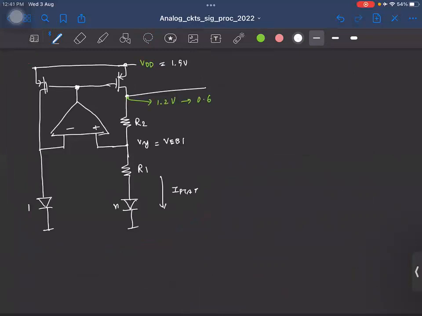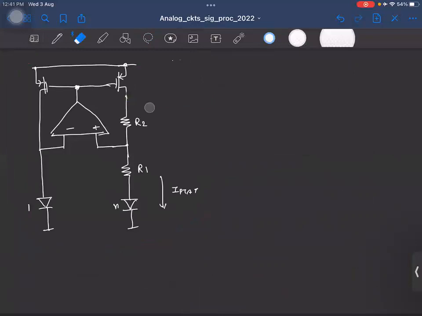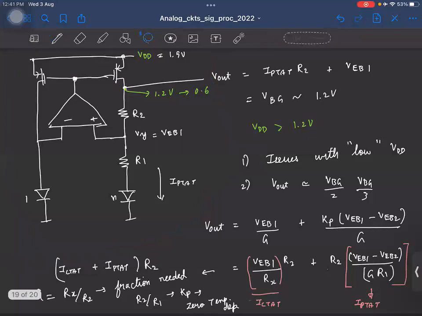So all these things. Again, if I call it VEB1, this is VEB1, and we need to generate something like this.